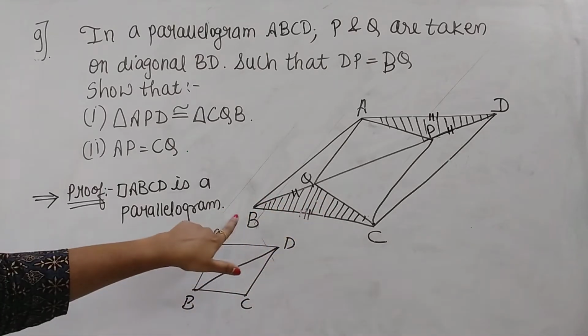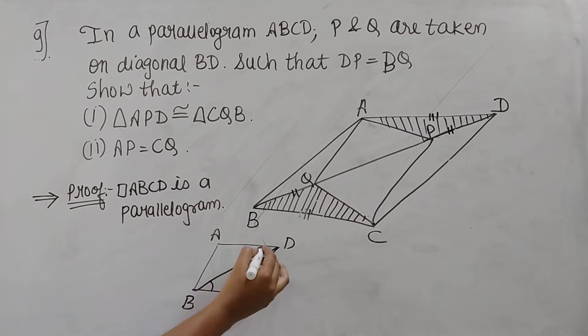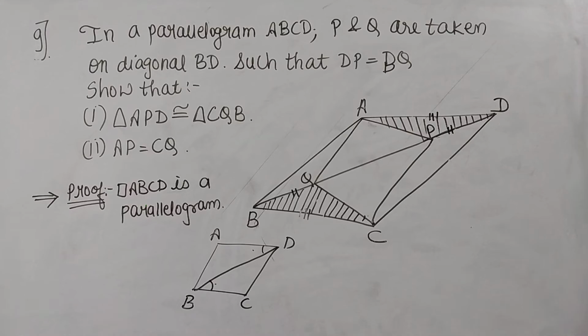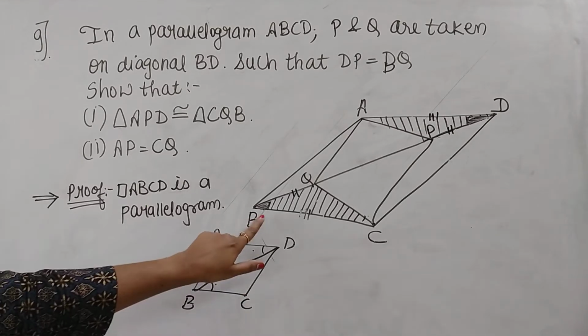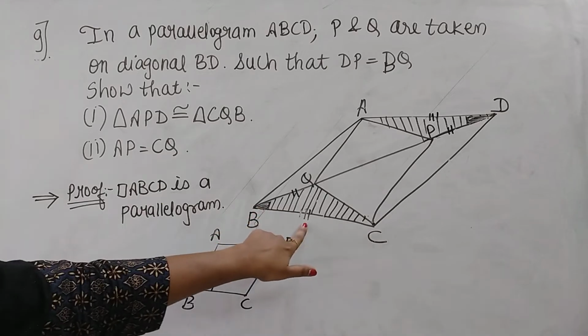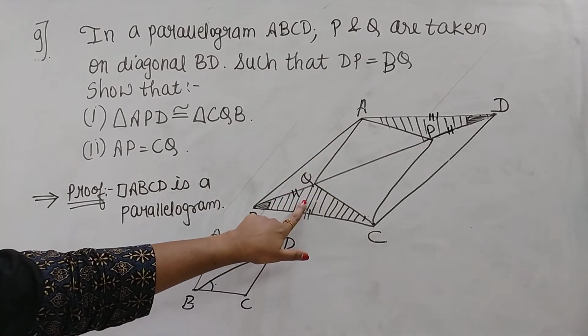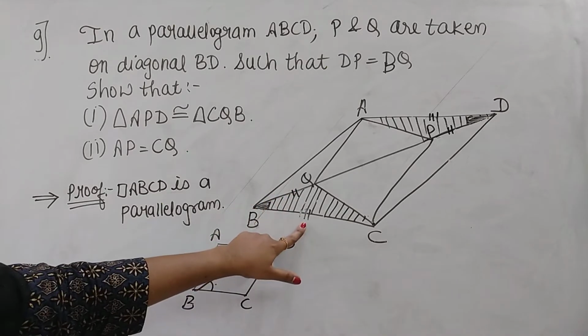So for that, what I am marking here is that angle CBD and ADB, these two angles are equal to each other. Reason is alternate angle. If same thing I mark in the diagram, then you can see what I am getting, the side, the angle and the side. So therefore the two triangles can be proved as congruent to each other by SAS congruence rule.